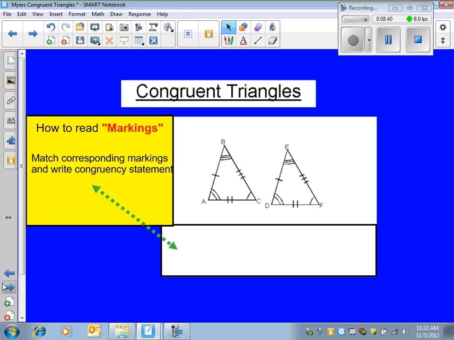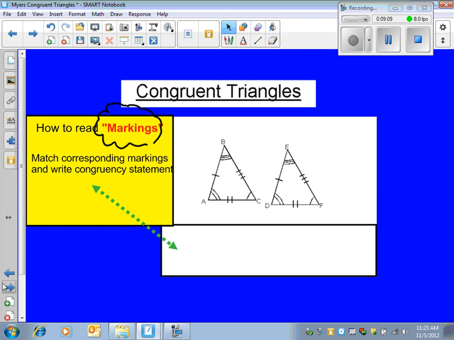Here we go. This lesson in this chapter is about congruent triangles. First thing we're going to see is a lot of triangles with a lot of markings. And it's not an Indian tribe. It's the markings that show congruency. So here in this slide it says how to read the markings. Well, the first thing you want to know is that you must, what is this word right here?